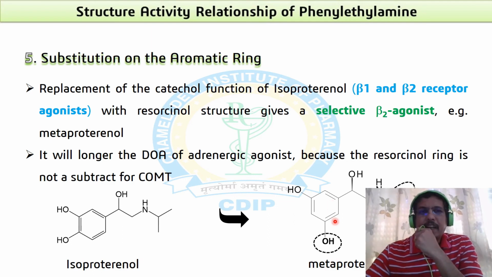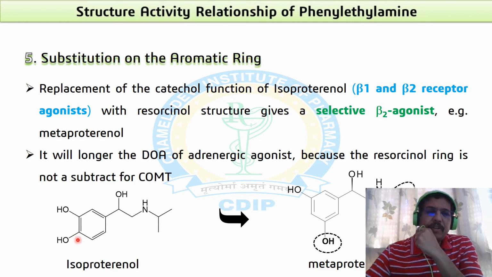Then the compound shows selectivity towards the beta 2 receptor, meaning isoproterenol is transformed to metaproterenol, which has much more beta 2 selectivity. It will also affect the duration of action, because catechol undergoes metabolism by COMT, that is catechol O-methyl transferase.